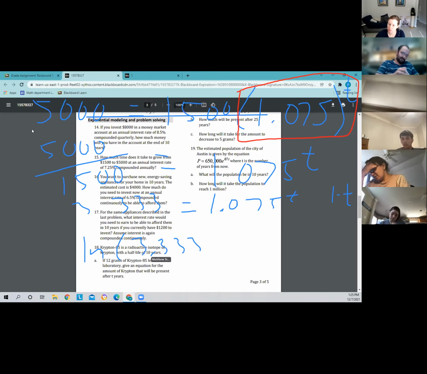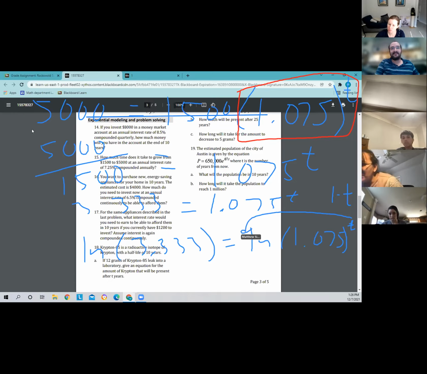So we're doing a natural log of both sides. And why did you do the natural log? What can we do with that t then? Put it in the front. It comes to the front. Yeah, we bring that exponent of t down to the front.